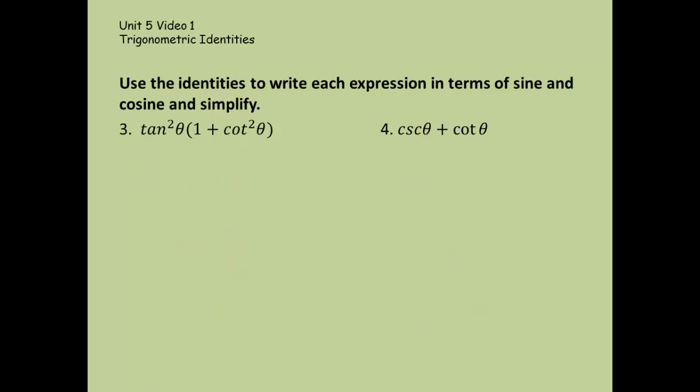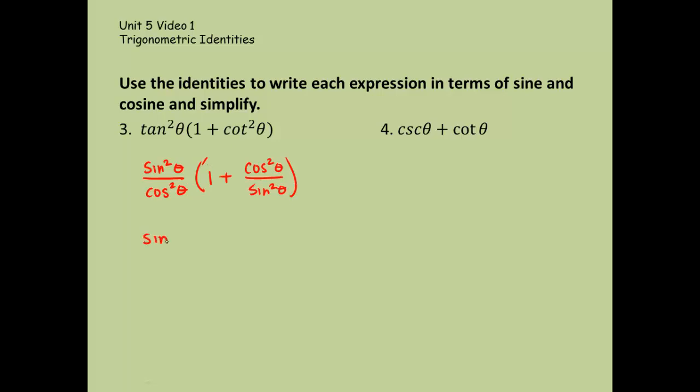Number 3. I'm going to write this in terms of sine and cosine, and then we're going to distribute. Tangent squared of theta is sine squared of theta over cosine squared of theta by definition, using a quotient identity. 1 plus, and this is cosine squared of theta over sine squared of theta, using another quotient identity. I'm now going to distribute.